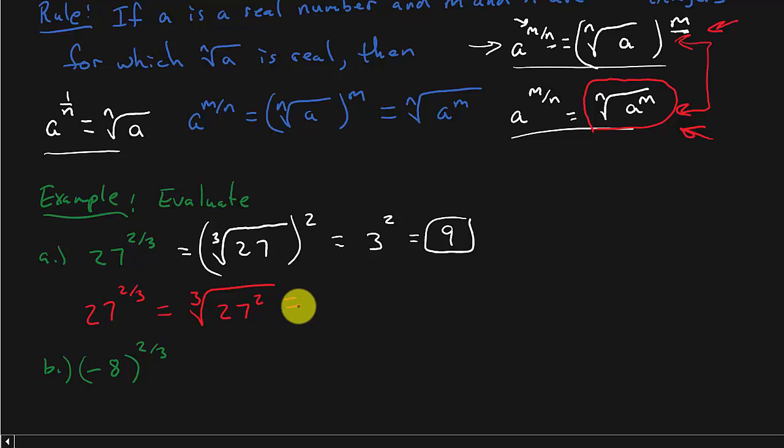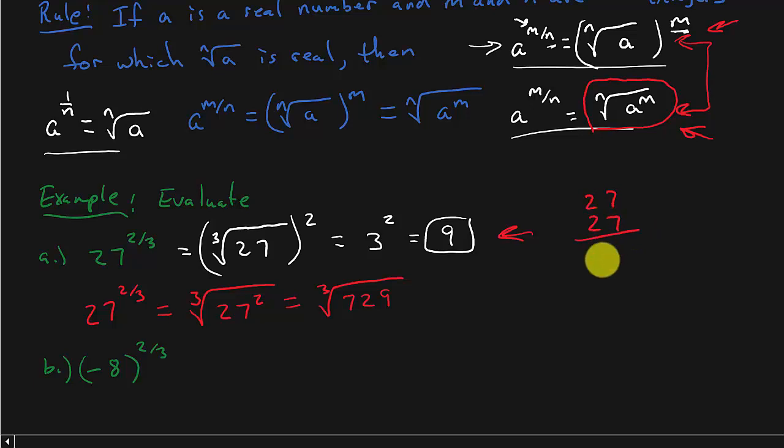You see that? Right off the bat, you can see that using this formula was a lot easier than what we come across here. Because first off, we have to square the 27, don't we? You've got to square this 27, and that's 729. Squaring the 27 is not really that bad.